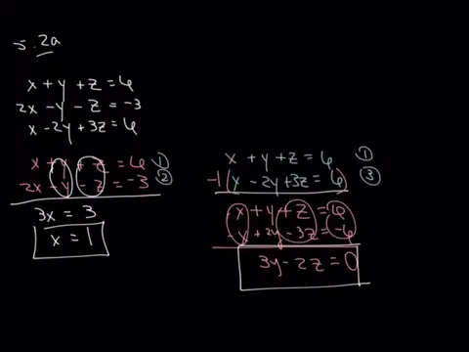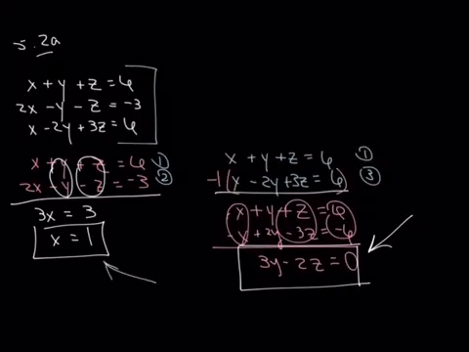So notice what I have here. I have 3y minus 2z equals 0. So what do I do with that? Well, I have to go back to my original equation and try to get one of those equations to just have two variables. What do I know?